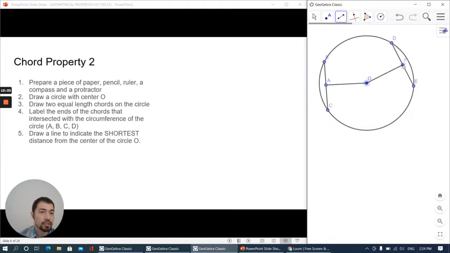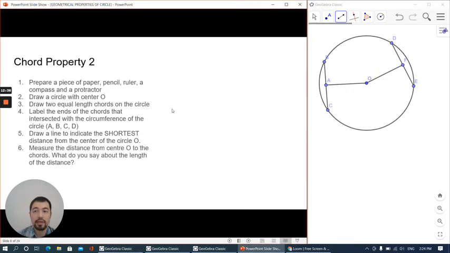This is the shortest. And then let's measure the distance from center O to the chord. And what do you say about the length of the distance? So try to measure the length of OA and OF here.